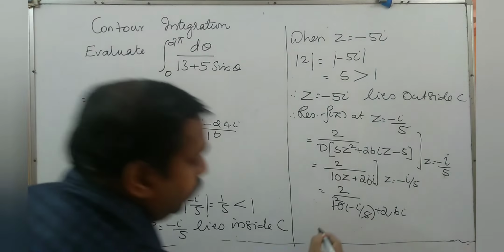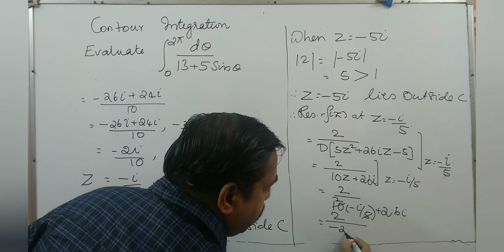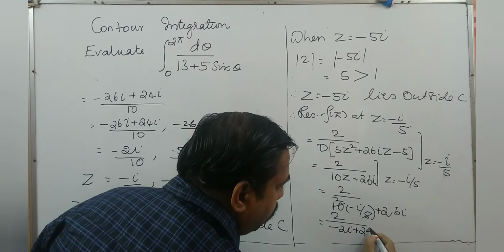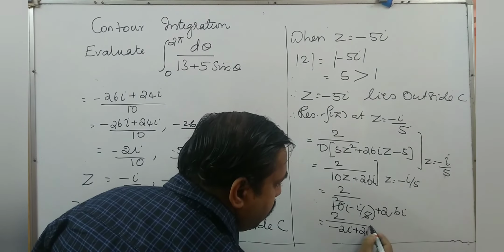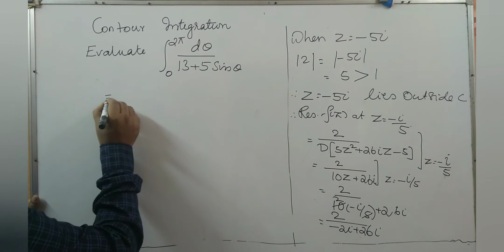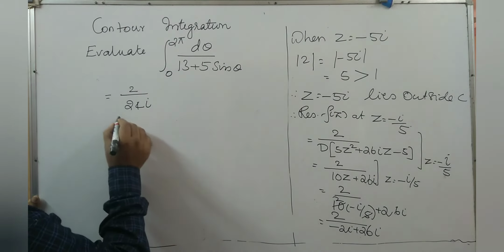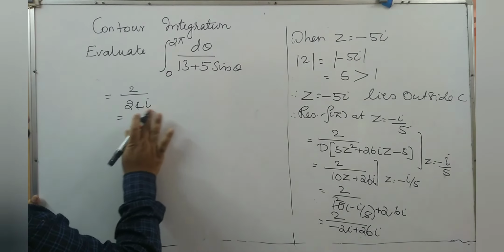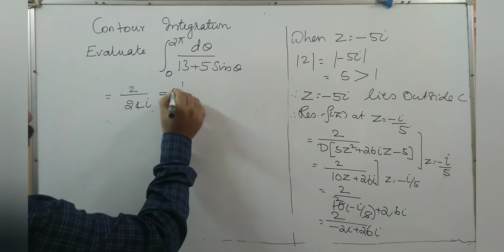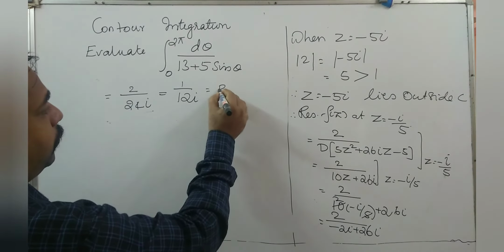So that is equal to 2 by minus 2i plus 26i, that is 24i. Correct? That is equal to 1 by 12i. So there is only one residue. We take this as R.